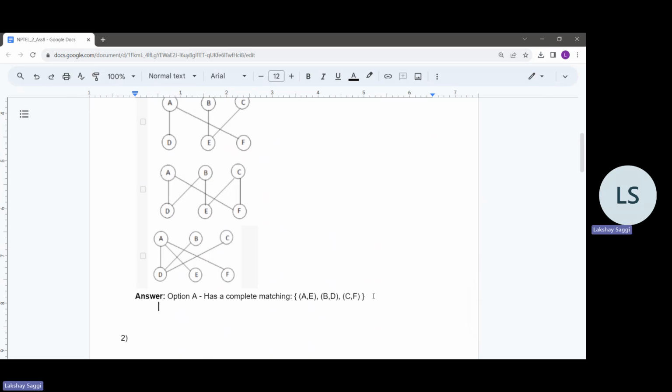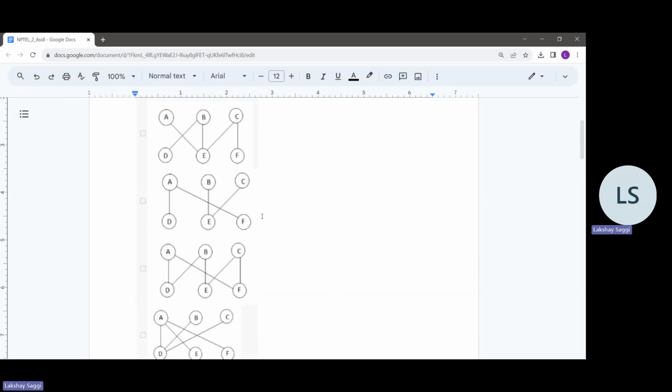So option B. In option B, we can intuitively see these vertices B and C. For this graph to have a complete matching, this C should be covered by some edge, right?